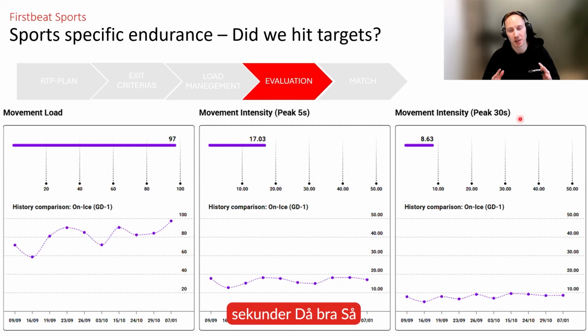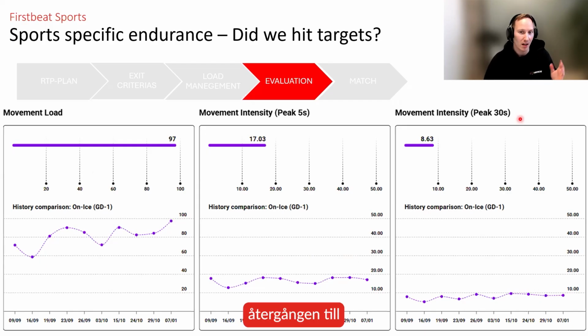Then, good. So now the coach had numbers for the athlete to communicate with the coaching staff about his conditioning after the return to play phase. So aerobic endurance seemed to be on a good level, quite close to the pre-injury levels.